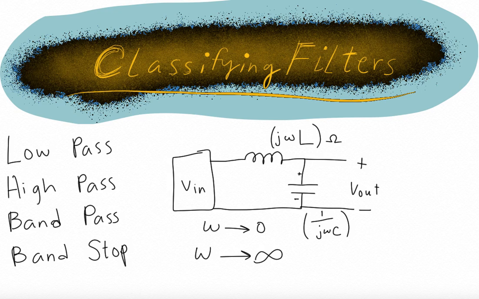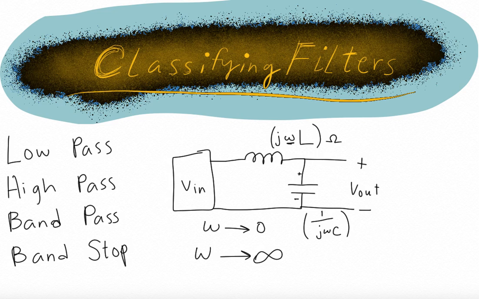When frequency approaches infinity, it's kind of the opposite. You put an infinity inside omega right here, then you have infinity ohms for the inductor, so this becomes an open wire. Now you don't have a complete circuit. Therefore, the V out is 0, and that means the high frequencies did not pass.